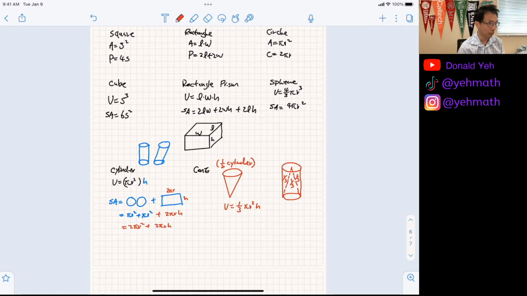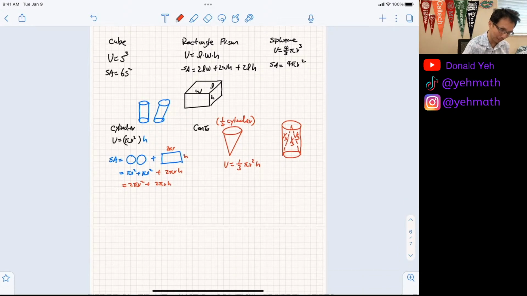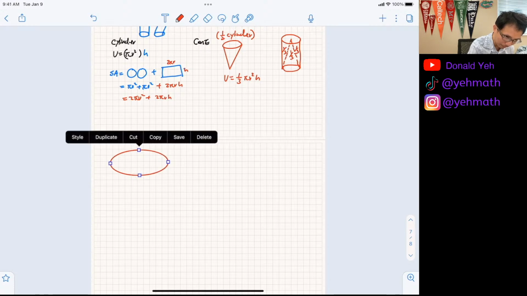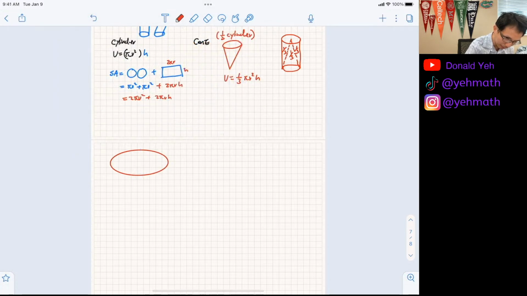Now inside the cone, it has a similar triangle, which we're going to talk about.